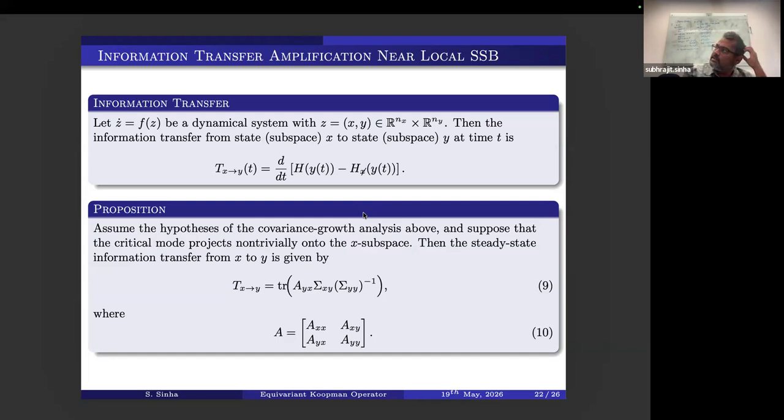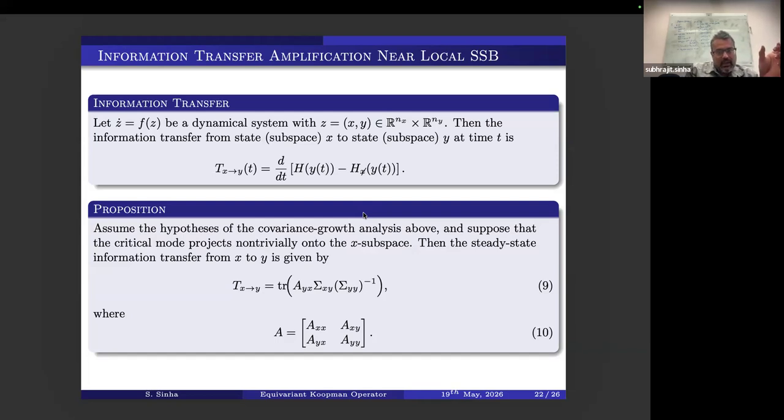In a discrete time system, it's easier to understand what's going on. Let's say you have a discrete time system that is evolving, and you have two states x and y. The information flow from state x to state y as the system evolves from time step t to time step t plus 1 is the following.